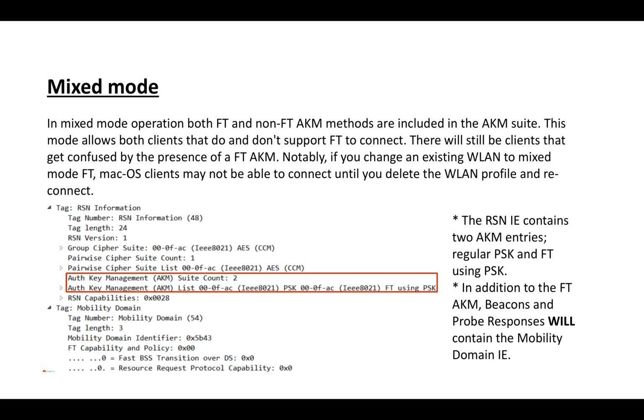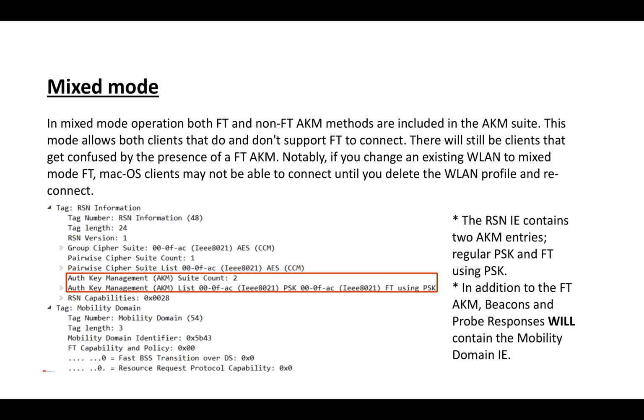Now, clients can easily get confused with FT. So if we are talking about a client, especially the Mac OS client, they may face some difficulties if you are enabling mixed mode. The reason being that if they have been connected to the network, and all of a sudden this particular change is made, and FT is put in practice, and mixed mode is utilized, then these clients get confused.